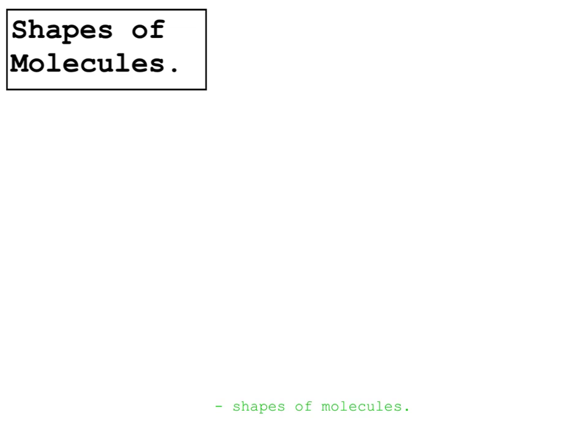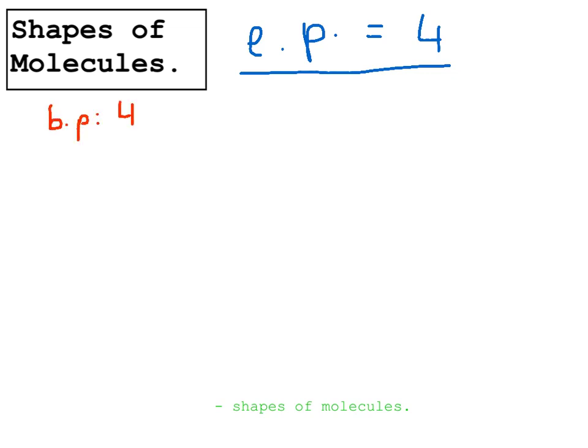Our next 3 shapes are based on the idea you may have 4 electron pairs, so each of these has 4 electron pairs. The first one has 4 bonding pairs and no lone pairs, and this one is called tetrahedral, and the reason for that is that the 4 bonds point in the 4 corners of a tetrahedron.